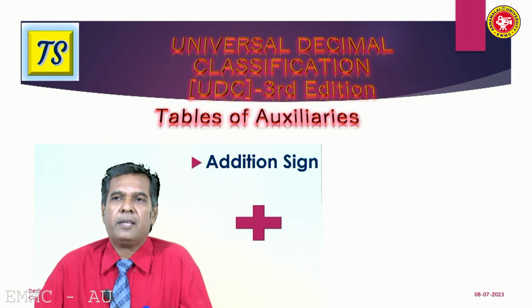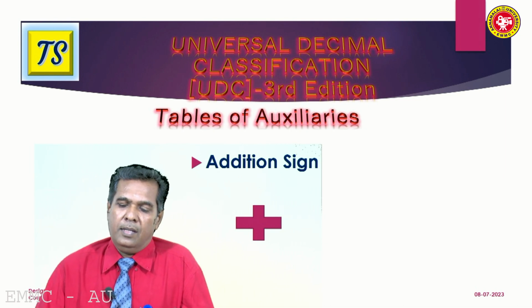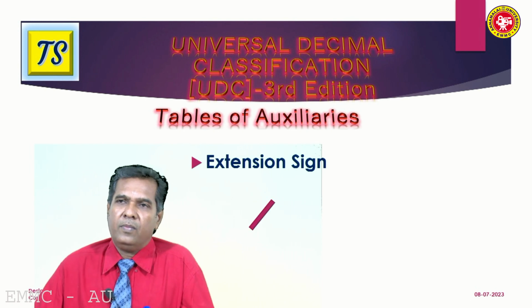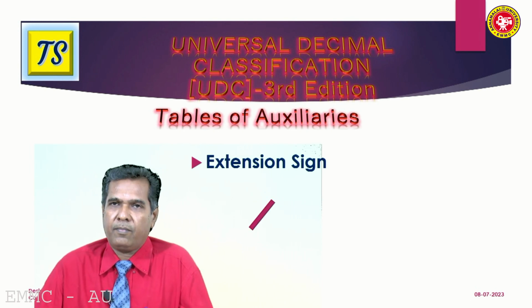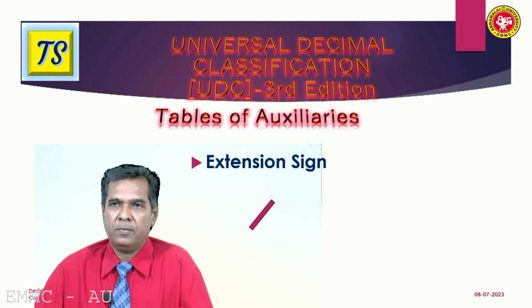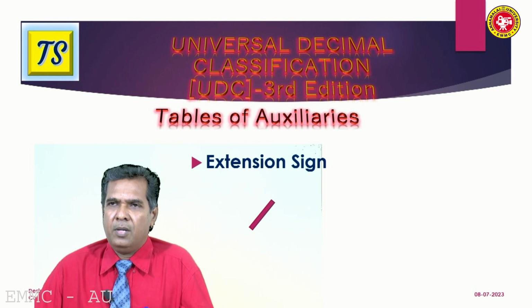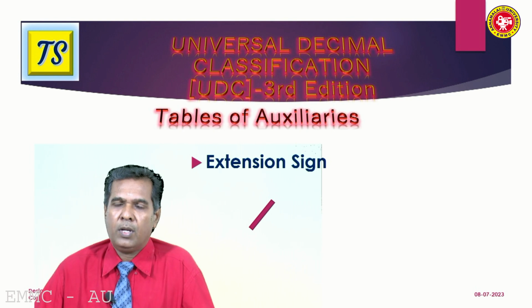If you face this kind of title, you can use the addition sign. The extension sign actually helps to connect the two types of classes. When you go through the examples, you can easily understand.